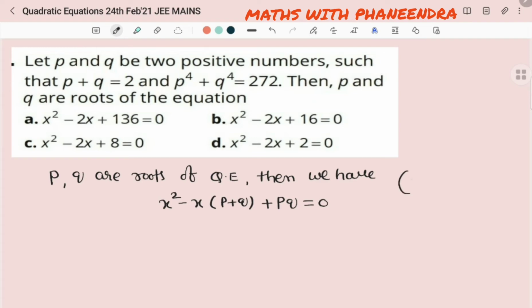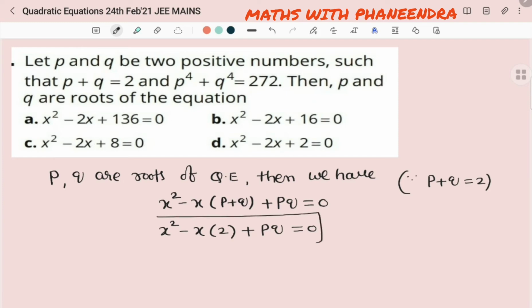Since it is given P plus Q is equal to 2, substitute here: x square minus x into 2 plus PQ. So to get the quadratic equation, we need to calculate the PQ value. This is our required quadratic equation. So x square minus 2x will be there in all options, but the deciding factor is PQ.